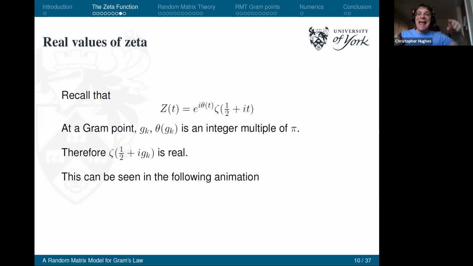That means at the edge of that interval, it's gone from positive to negative, but also this has gone from negative to positive, and so they cancel out. So if Gram's law was always true, which it's not, then zeta wouldn't just be real, it would be real and positive at the Gram points.